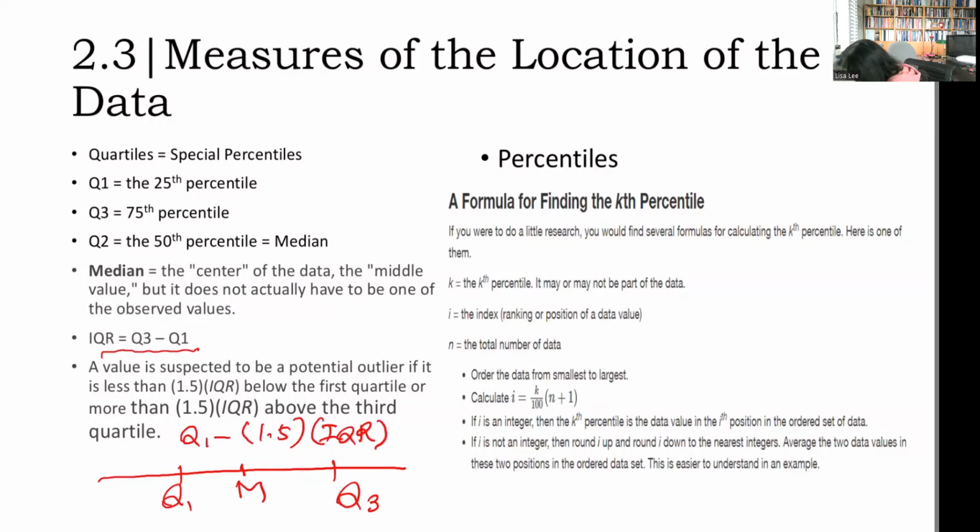And any data less than this number, we consider an outlier. If any number is greater than Q3 plus 1.5 times the IQR to the right side, it is also an outlier.